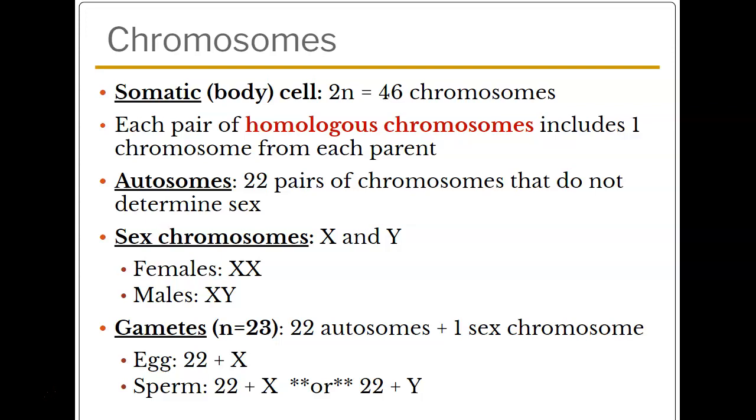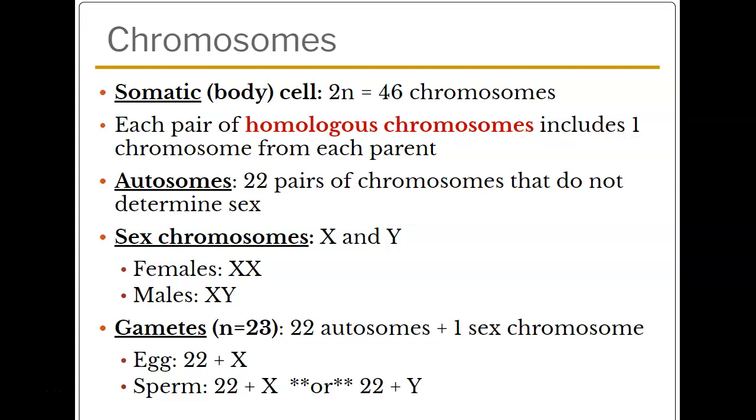Somatic cells are your body cells. It's pretty much everything in your whole body that is not an egg or a sperm. And so all of those cells have the entirety of your genetic material. They have 46 chromosomes, or you're going to see it written as 2N, meaning kind of two sets.